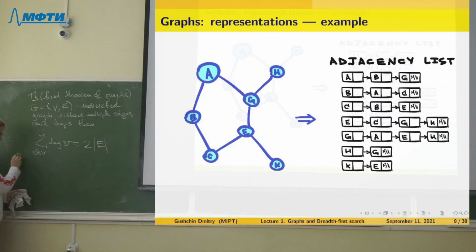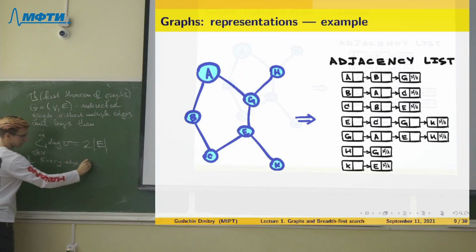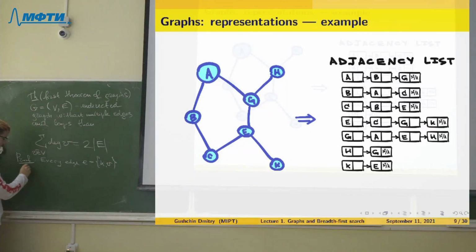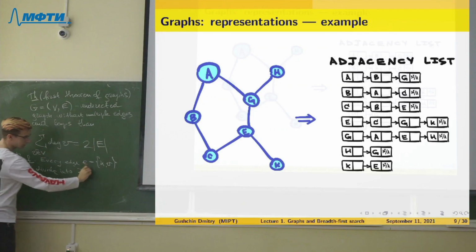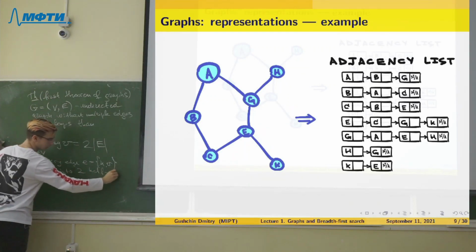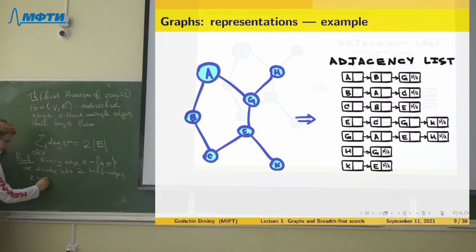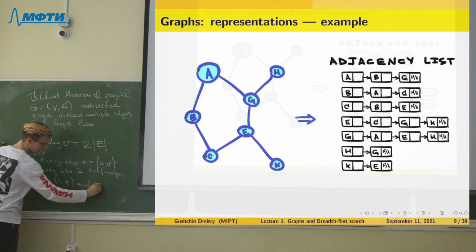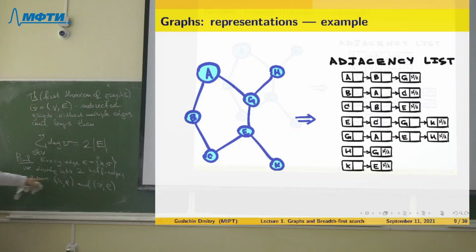Okay, proof. Every edge e equal to u and v, we divide into two half edges, into two pairs.